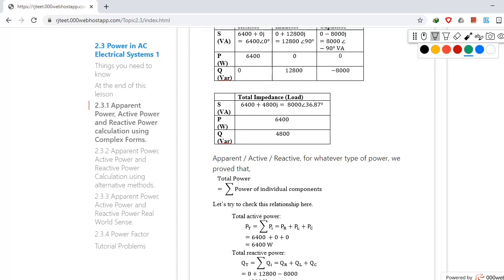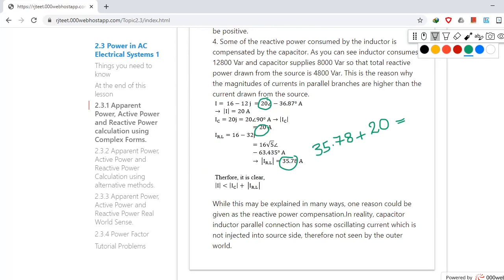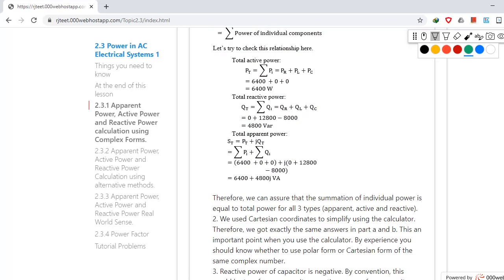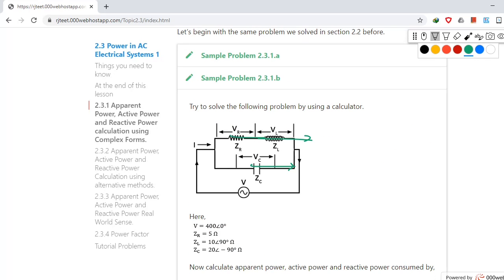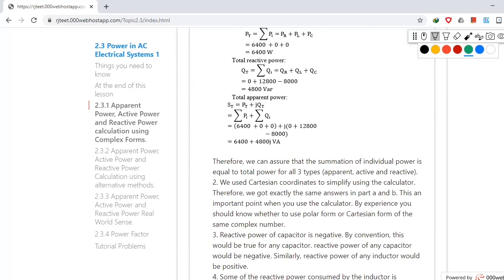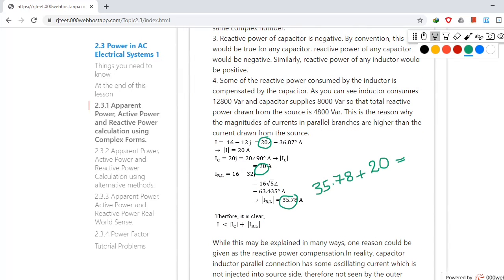Those two currents respectively are 35.78 and 20. But you would notice that again the total current, which is the same here, is just 20 in magnitude, right?